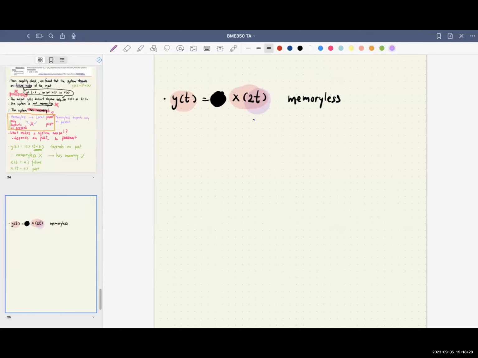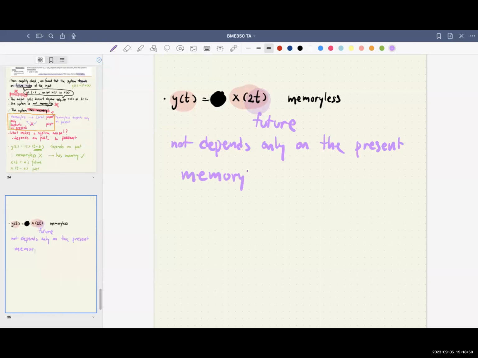So it's not dependent only on the present, therefore it is not memoryless. That means this system has memory. Cool.